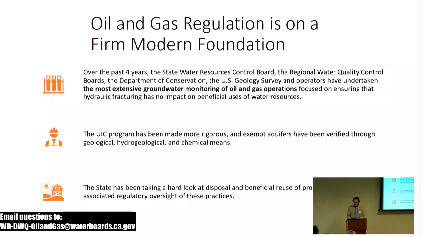Operators were required to sample the water in the zone to determine chemical composition, to conduct thorough structural and hydrogeological studies to verify zonal isolation, that the injected water stays in the zone, and hydraulic control, that the injected water doesn't pose a threat to beneficial uses. And then finally, to verify there's no current beneficial uses identified in these deep zones.